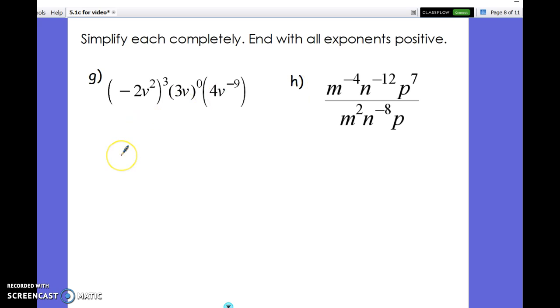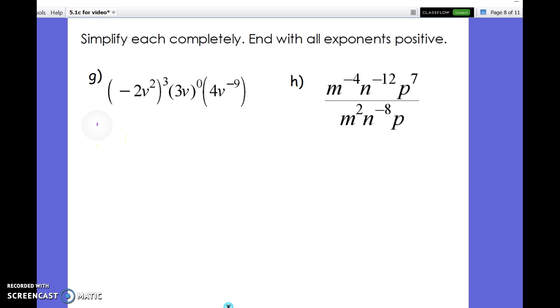Keeping on here, letter G. If we have -2 times v squared raised to the third power, 3 times v raised to the 0 power, times 4 times v to the -9 power. Okay, so a lot of little different parts, so you just have to take it one step at a time.